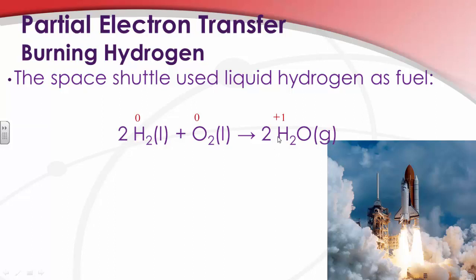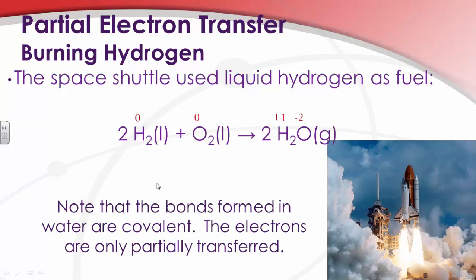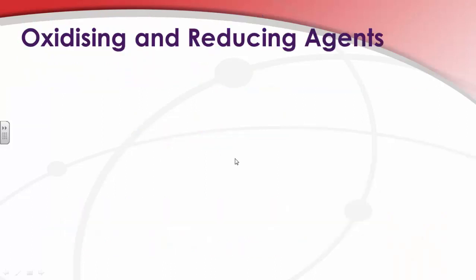On the other side, hydrogen is +1, oxygen -2. It doesn't matter that the bonds we form in water are covalent bonds and that the electrons are only partially transferred. This has no impact on our basic idea of how oxidation numbers work.